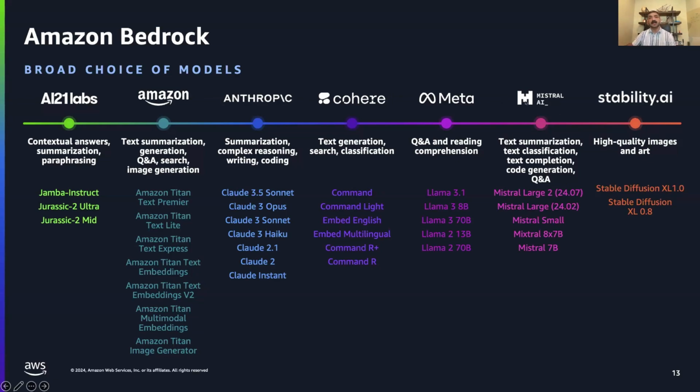This list that I have here is growing every day. A couple of months down the line, you'll see a lot more models from open source or companies supported through Amazon Bedrock, which means all these models are available to you, and you can pick the one that aligns best and provides the most accurate responses for your specific use case.